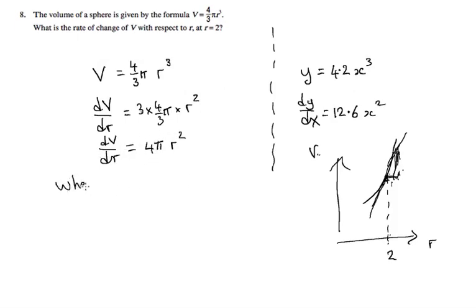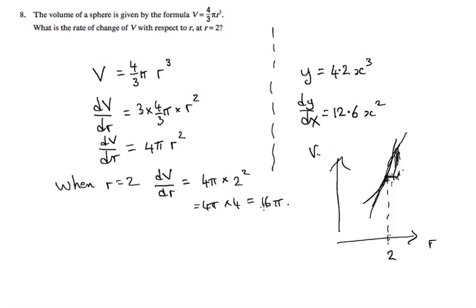And we have to say that when r equals 2, the gradient of this tangent is equal to 4 pi times 2 squared. 4 pi times 4. That's 16 pi. So basically, 1 unit increase for r, the volume has increased by 16 pi.